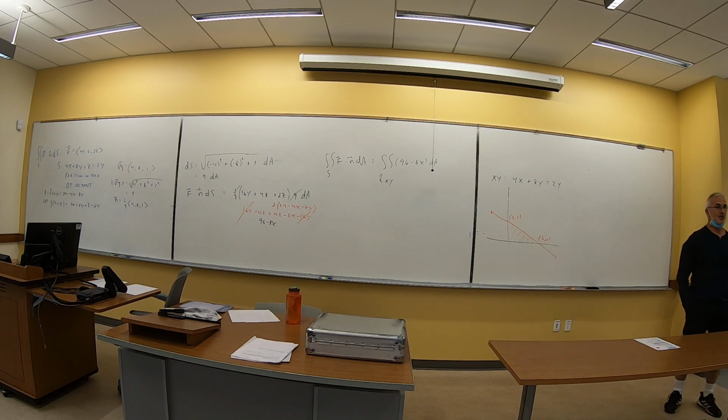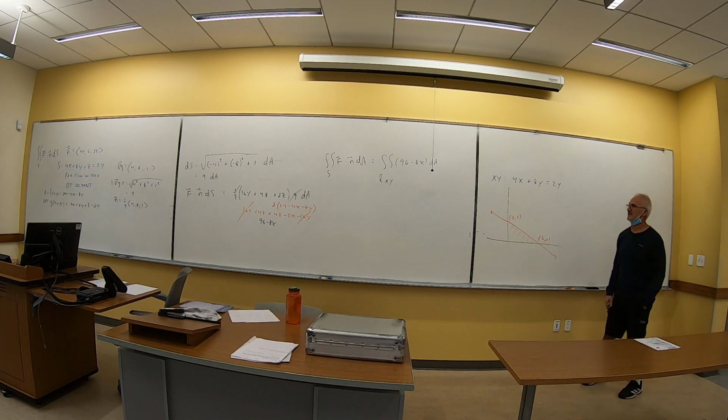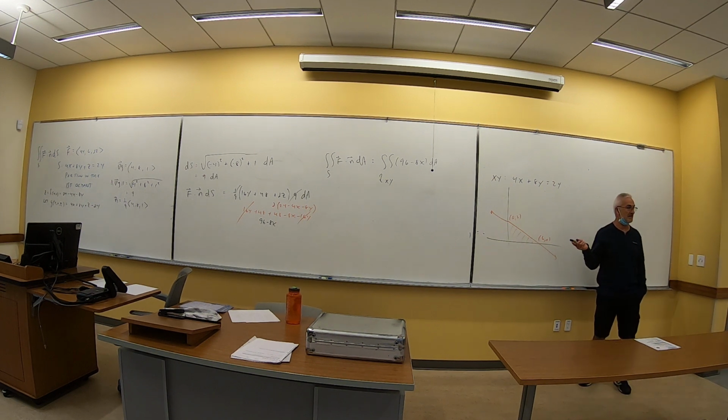This choice should, by the way, not matter. But if I want to make the problem easier on myself, because my integrand has an x in it, if I integrate with respect to x first, then I'm going to have an x squared, and then I put the limits of y, and then I've got to square it, and it can get a little bit messy. Agreed? But if I integrate with respect to y first, then I just get a y, and I put my limits.